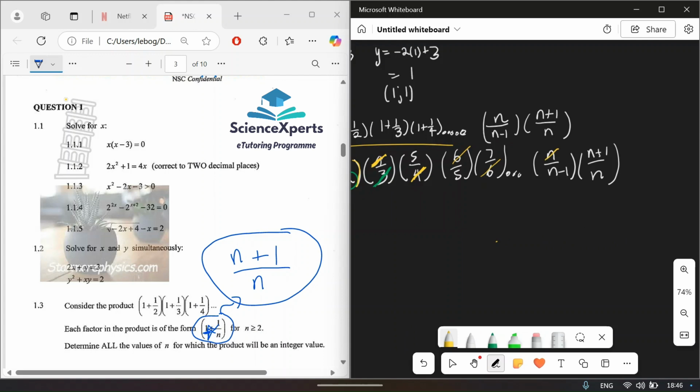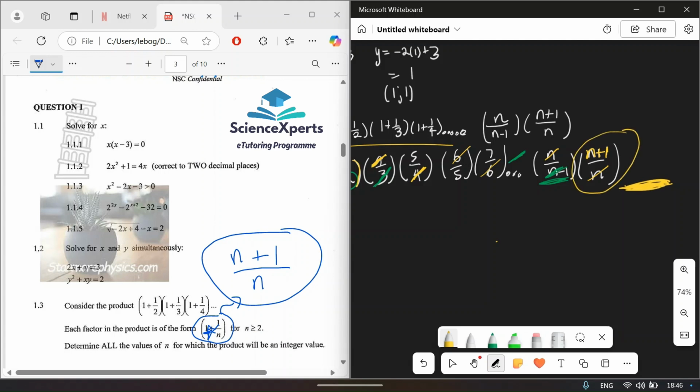Now n will cancel n. The n minus 1 will be cancelled by that n minus 1, which is the numerator at the term before this one. But this n plus 1 here does not have a partner, because its partner was supposed to be the denominator of the next term, but there's no term that comes after this one.